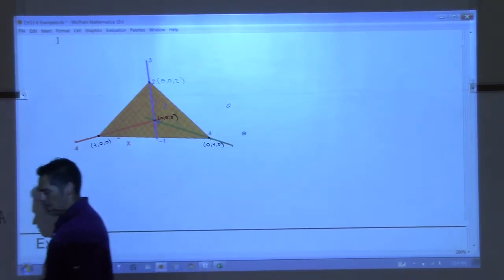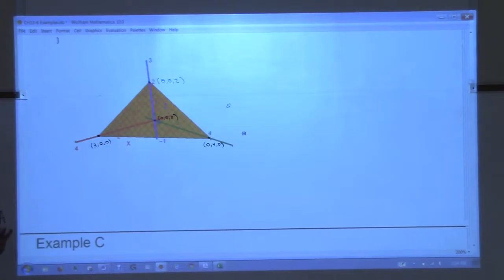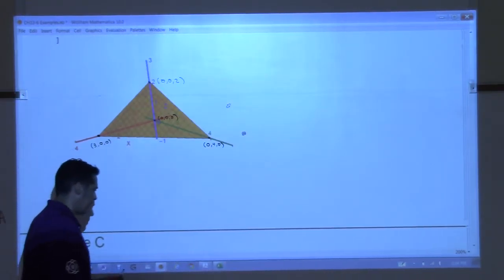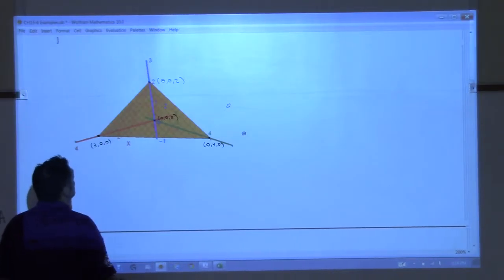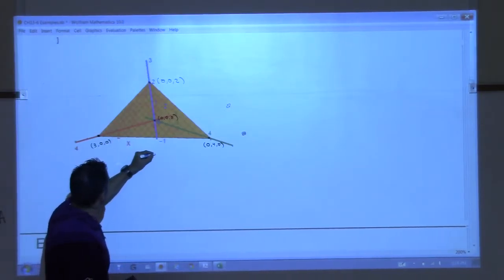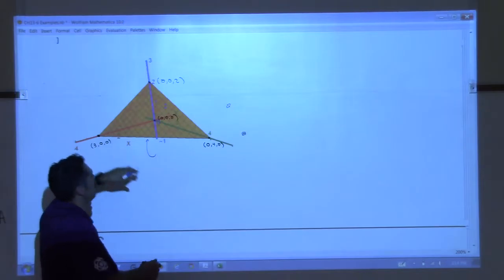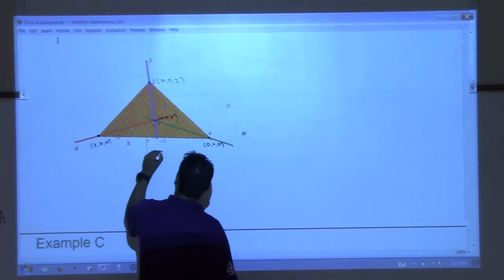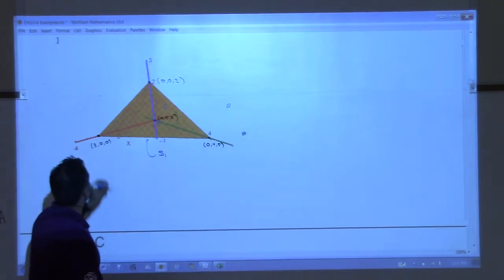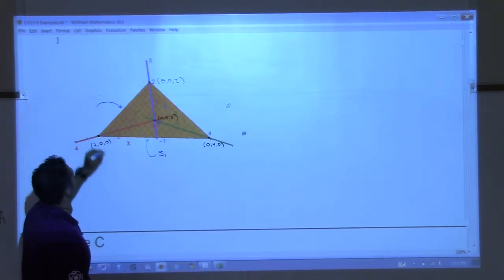All right. We have 4 surfaces, right? So we got to label them. So here we go. Let's start with the surface that's underneath on the bottom there, the bottom side of this. Let's call that S1. Let's call the back side over here S2.